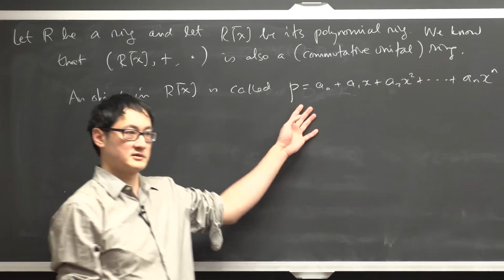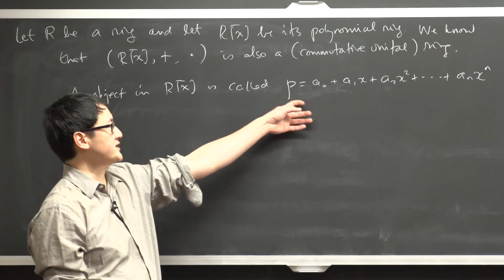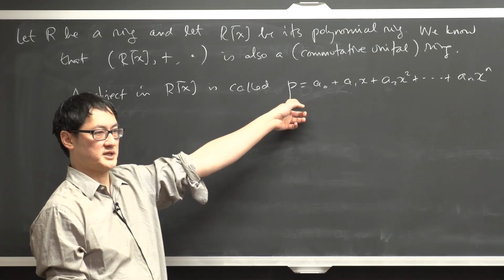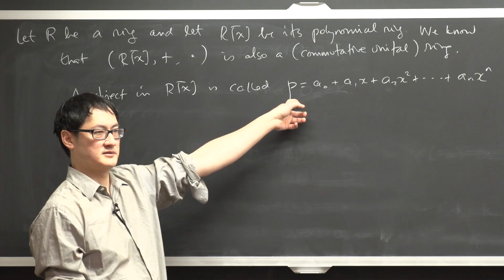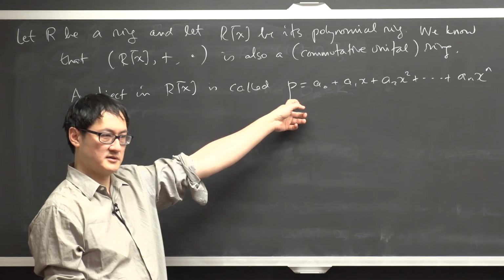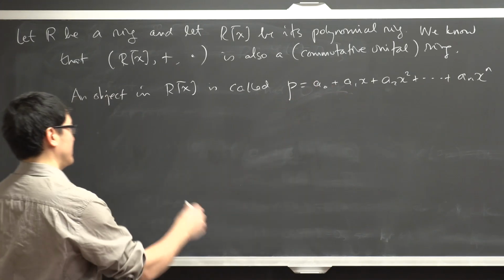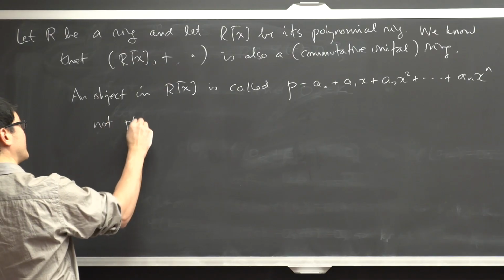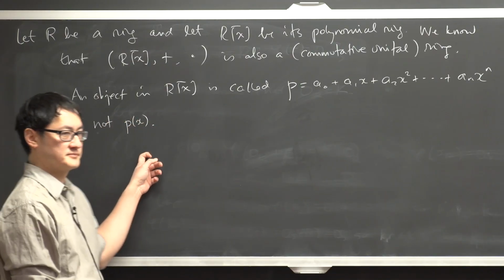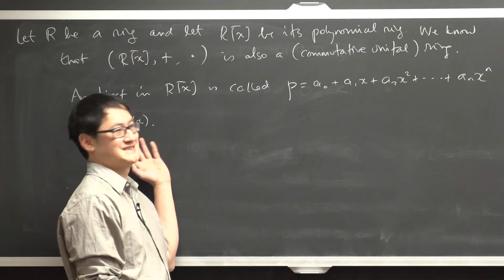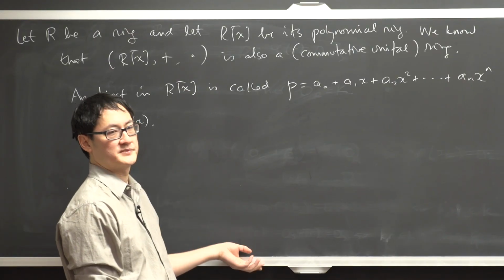Now, notice that I wrote P instead of what? P of x. Notice that there are x's here. I did not write P of x. Why did I do that?